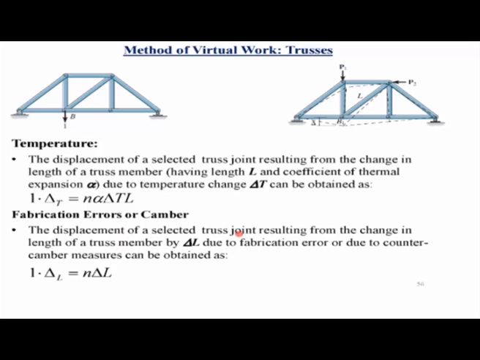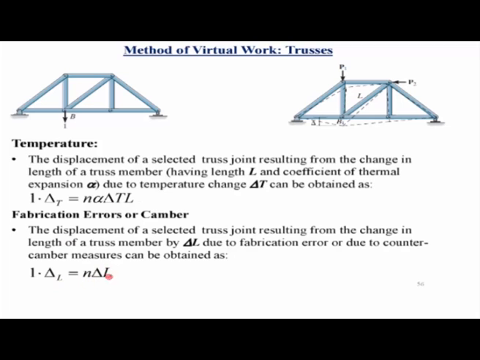So the displacement of a selected truss joint resulting from the change in length of a truss member by delta L, due to a fabrication error or due to counter camber measures, can be obtained as 1 times delta L, where delta L is the joint deflection due to the fabrication error.